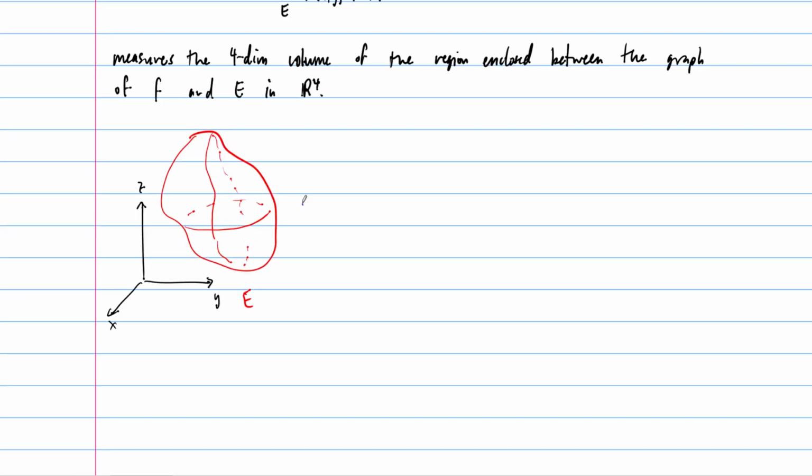Our function assigns to every point on this region a fourth number, a w. So for every point inside here, we get an output over here. Again, it's hard to put this all together, but somehow the integral is going to measure the four-dimensional volume that's bounded between the graph of this function f and the region E itself.